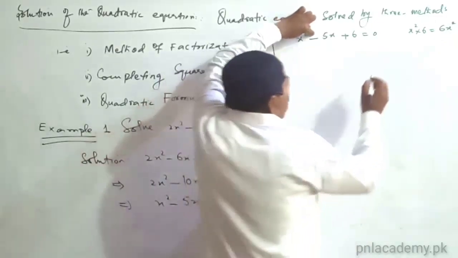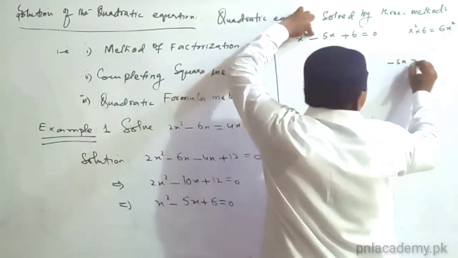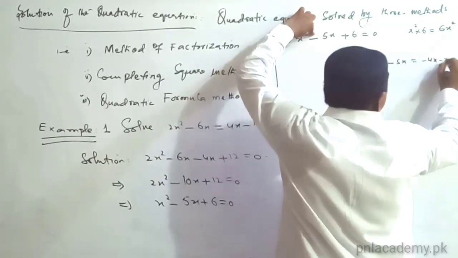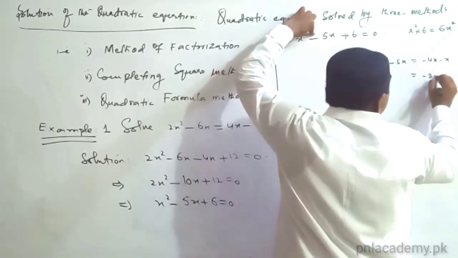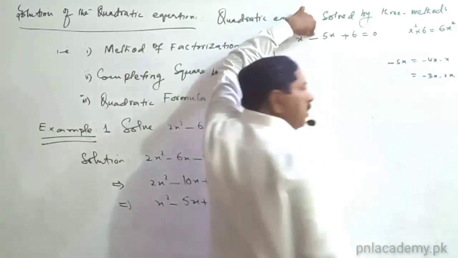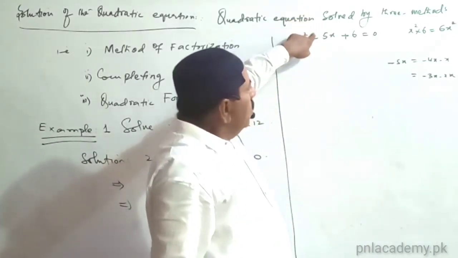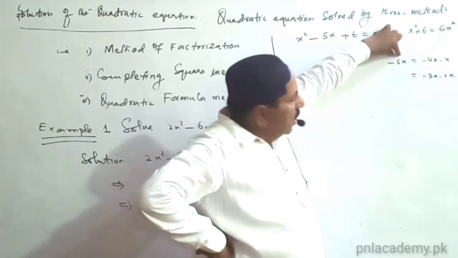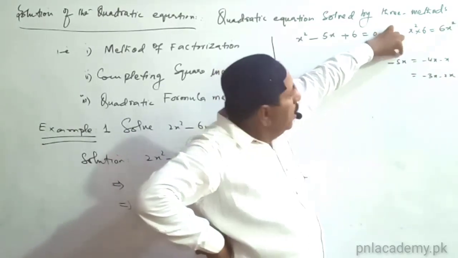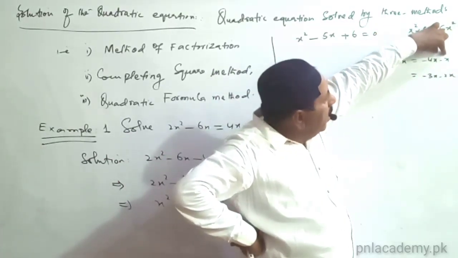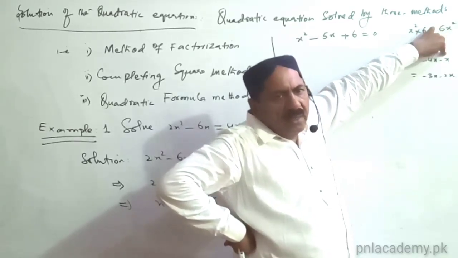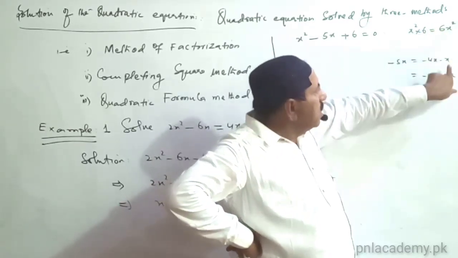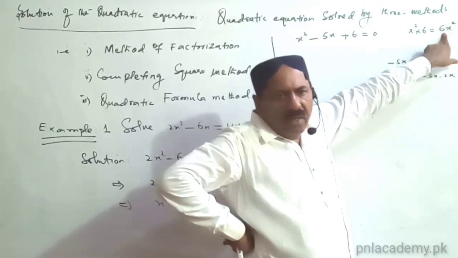So minus 5x can be equal to minus 4x minus x, can be equal to minus 3x minus 2x, and so on. Minus 4x minus x also gives us the result of minus 5x. But when we multiply minus 4x and minus x, we have the result 4x square, not the 6x square.